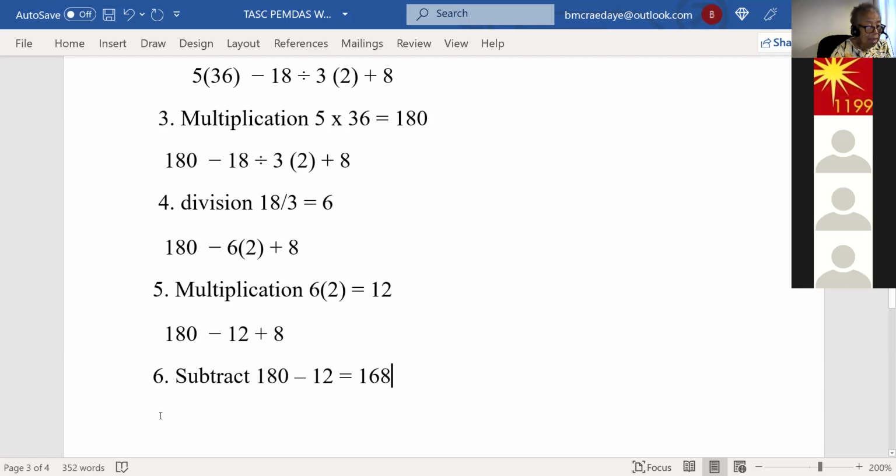So then your last step would be what? Add. What you're going to do is add 168 plus 8, and that's going to give you 176. And that's your answer. 176. Okay. Any questions on that problem?